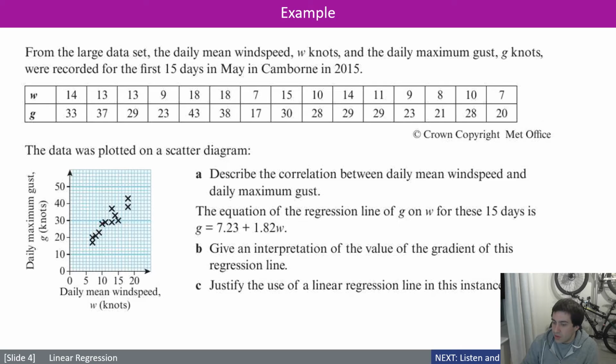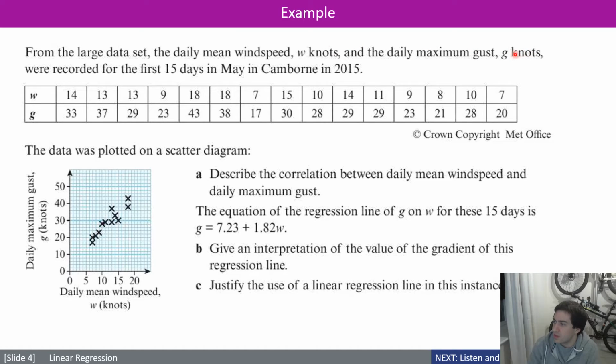Okay, so let's look at our one example for this chapter. You've got a set of bivariate data, and let's just take a look at what this represents. We plot wind speed, W, and the maximum gust for that day in knots, which are both speeds.